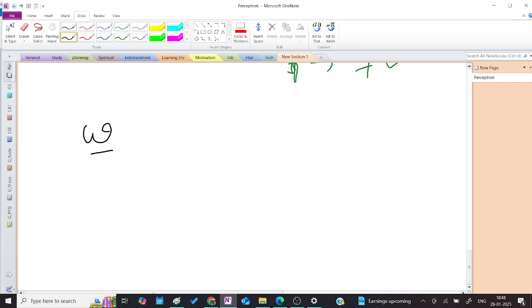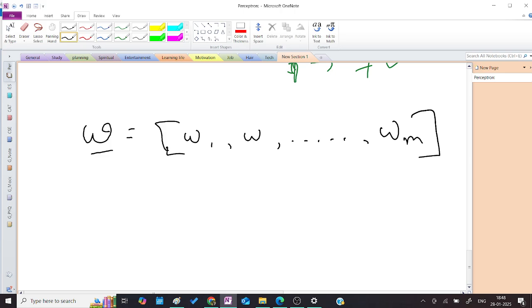Suppose there is a vector w, then we will say it consists of an array of elements like w1, w2 up to wn.